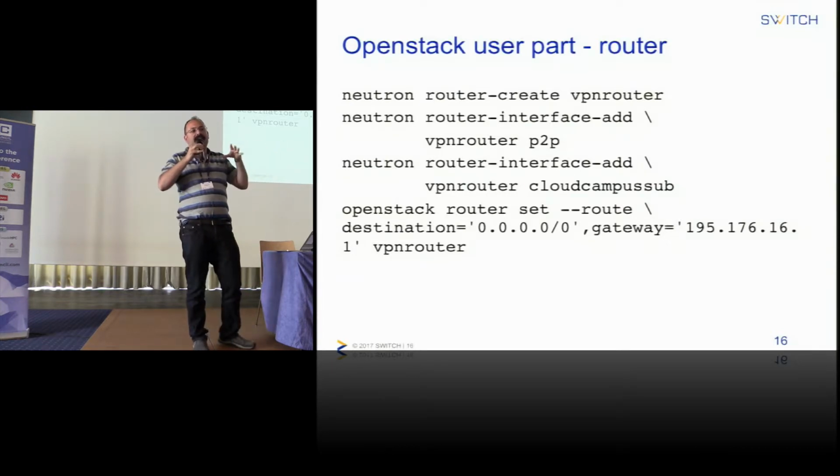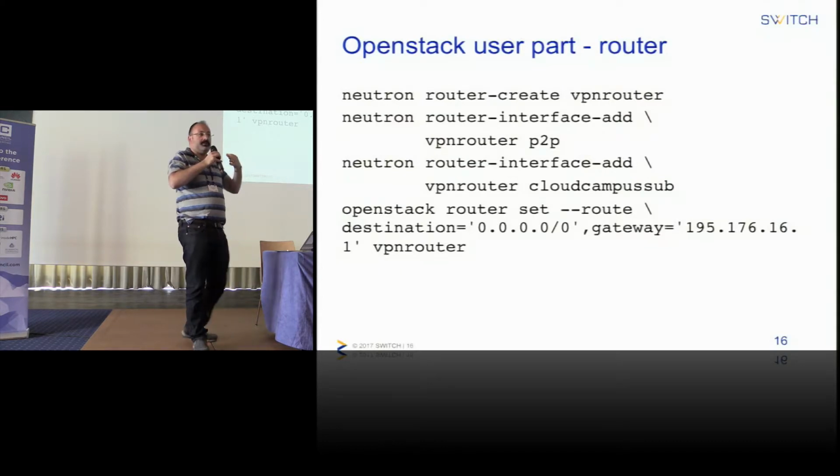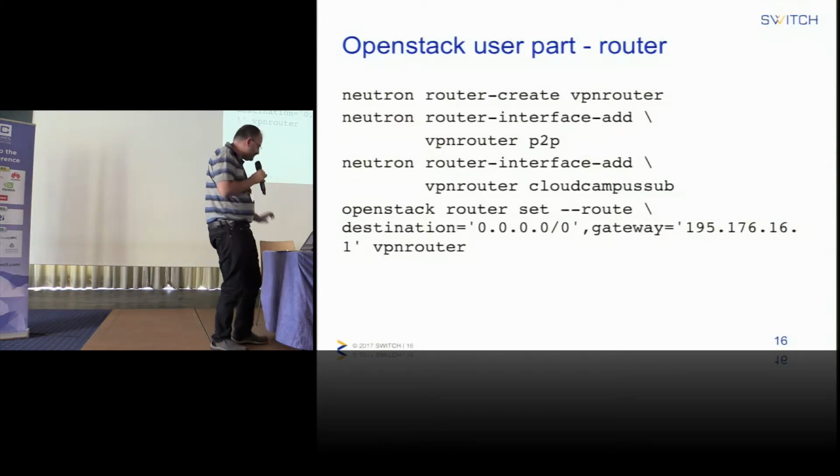But on the other side, you have this network that is completely, directly physically attached to the university. And this is set up by the OpenStack operators for you. So you can also have multiple virtual routers depending on your tenant topology.